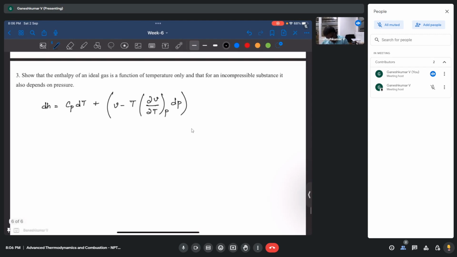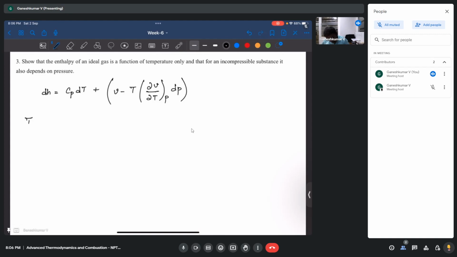Since we are dealing with an ideal gas now, we need to show that enthalpy is a function of temperature only. So for an ideal gas, we know PV is equal to RT, right?